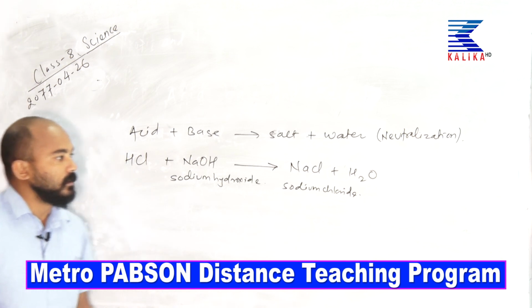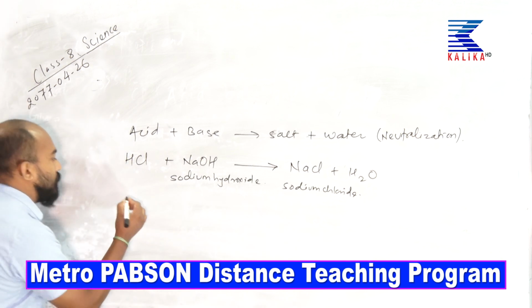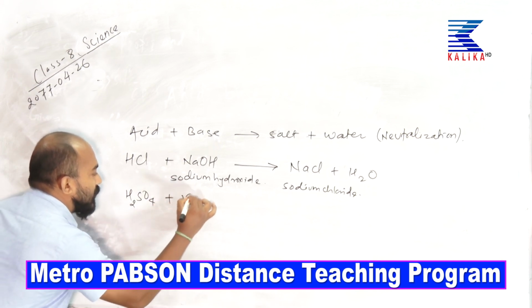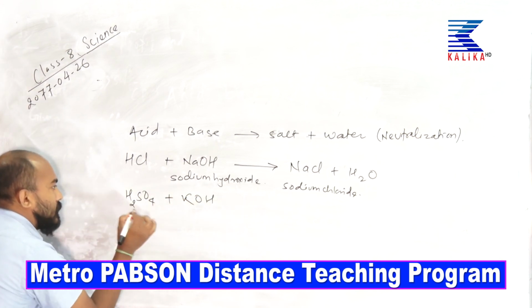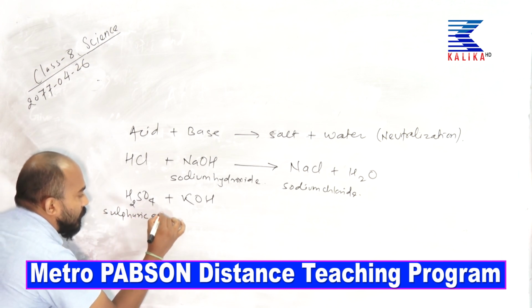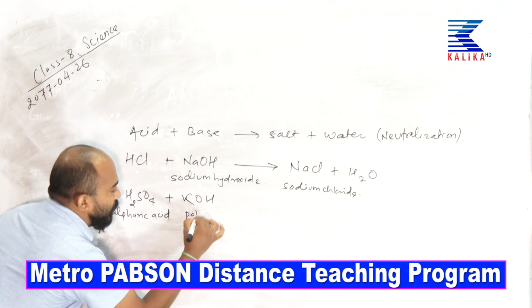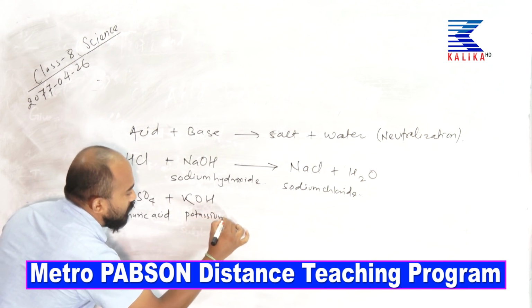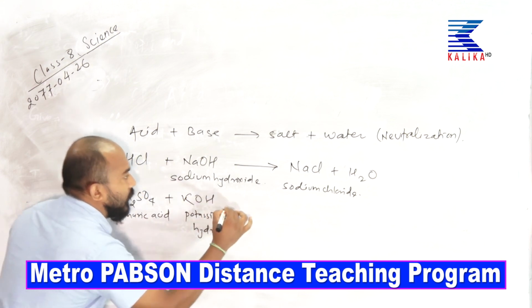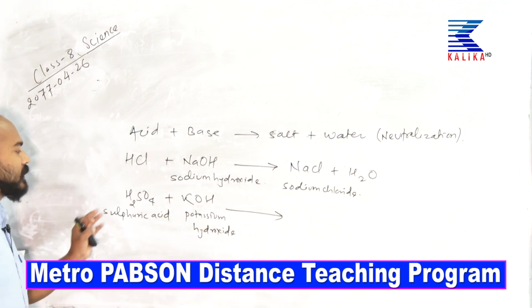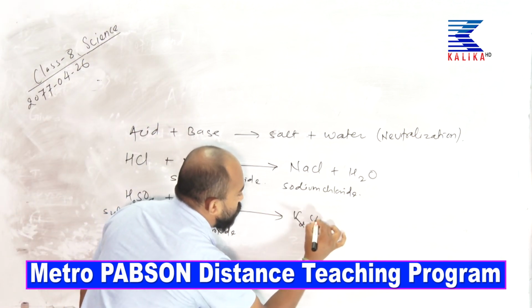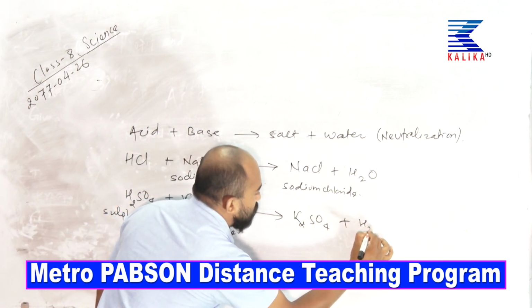Then we can take another example too: sulfuric acid, H2SO4, plus potassium hydroxide. This is sulfuric acid and this is potassium hydroxide, and acid and base react with each other to form salt and water, that is, K2SO4 plus H2O.